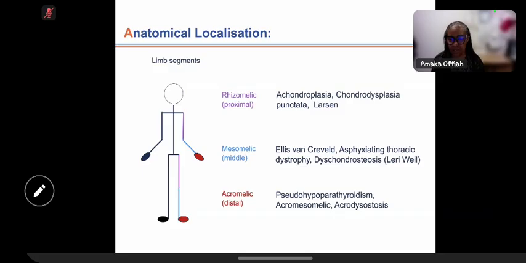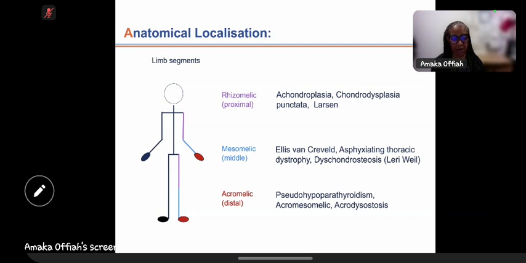Here are the typical commonest conditions affecting the segments that are here. So rhizomelic, often achondroplasia, chondrodysplasia punctata, rhizomelic type, and Larsen syndrome. Mesomelic is the middle segment: Ellis-van Creveld, Jeune asphyxiating thoracic dystrophy, and dyschondrosteosis, Léri-Weill syndrome.